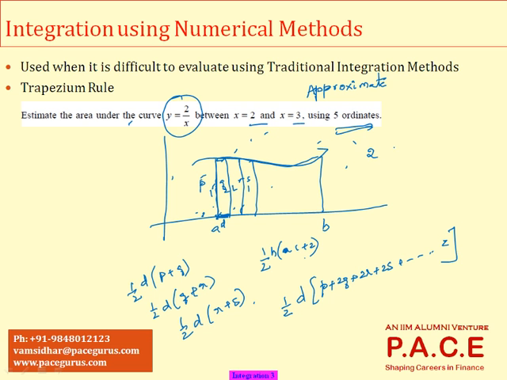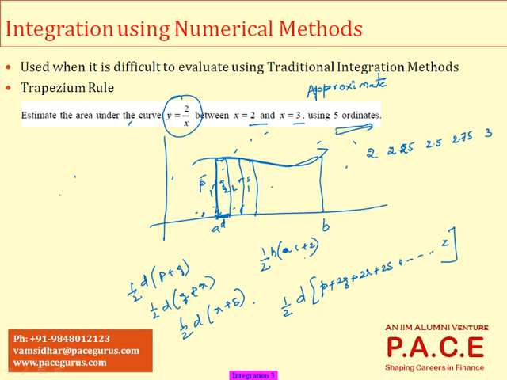So probably x equal to 2, 2.25, 2.5, 2.75 and then 3. So I need to find out the length of y for x equal to 2, 2.25, 2.5, 2.75 and 3. That is what will be the length of my trapeziums.